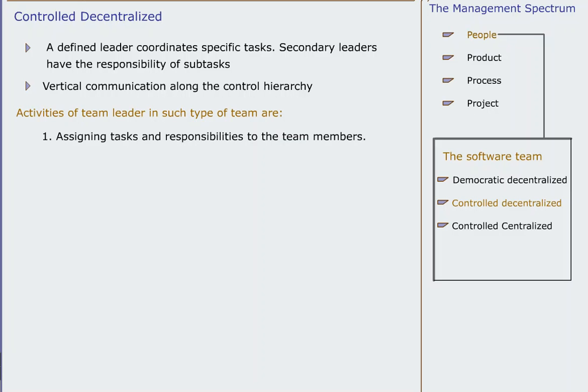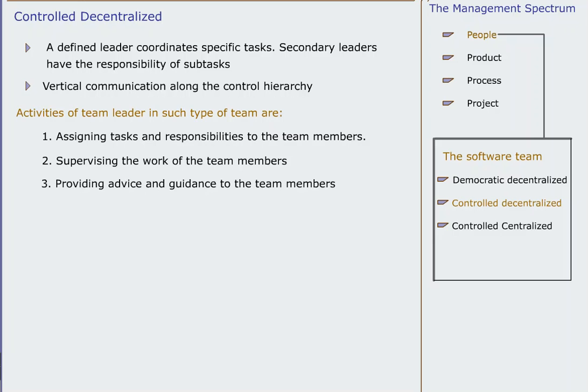Assigning tasks and responsibilities to the team members. Number 2. Supervising the work of the team members. Number 3. Providing advice and guidance to the team members. Number 4. Administrative and coordination activities.